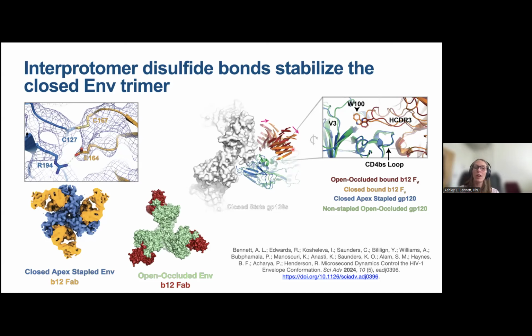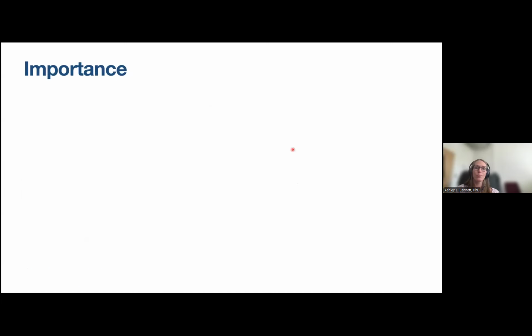It indicates that the stabilization efforts we make to stabilize the closed state have significant impacts on the antibody binding and basically the immune response you can generate if you put one of these into a vaccine.